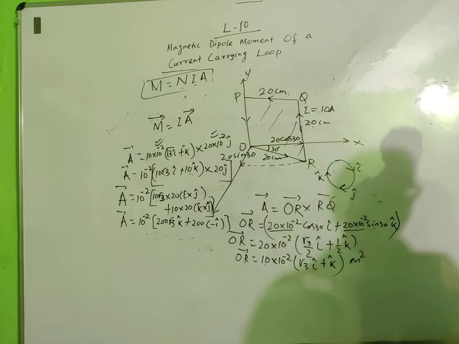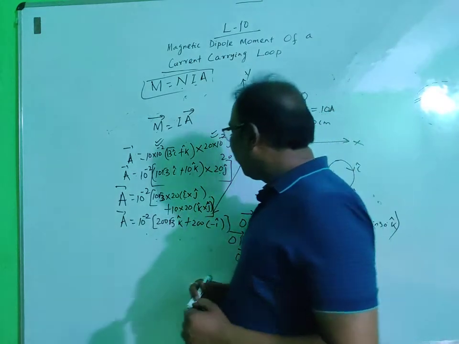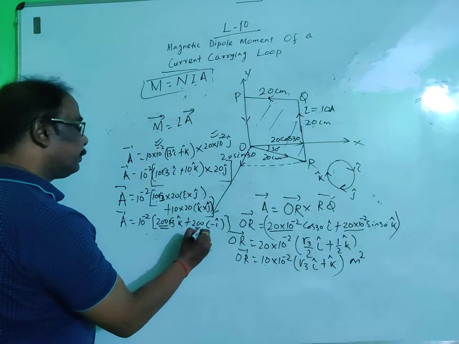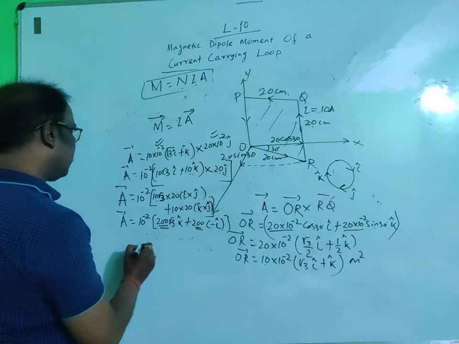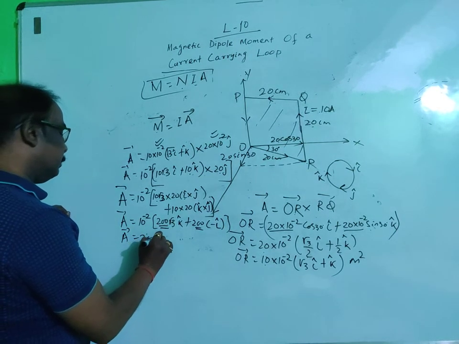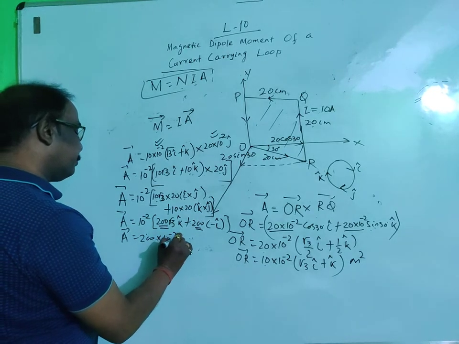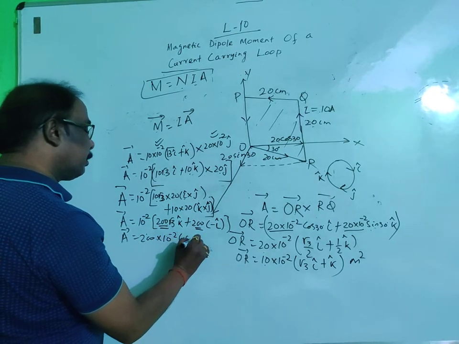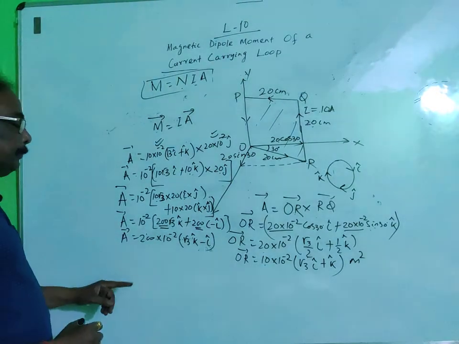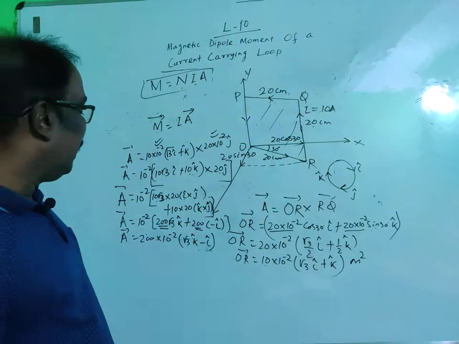Let's just calculate it. This is 200, this is also 200. This is i cap minus i cap. Then the area vector is 200 into 10 to the power minus 2, inside the bracket root 3 k cap minus i cap. This is the formula for the area vector.